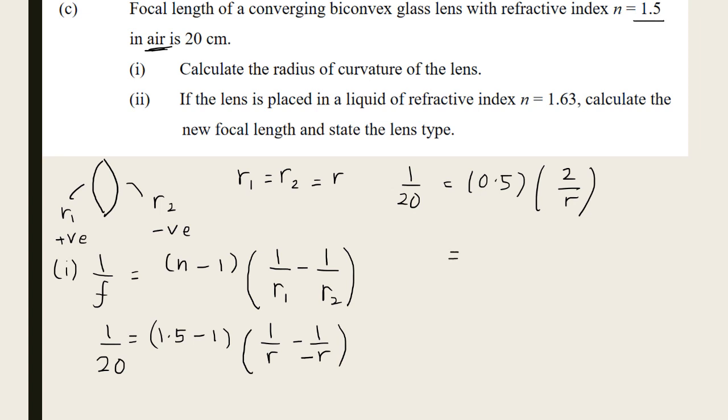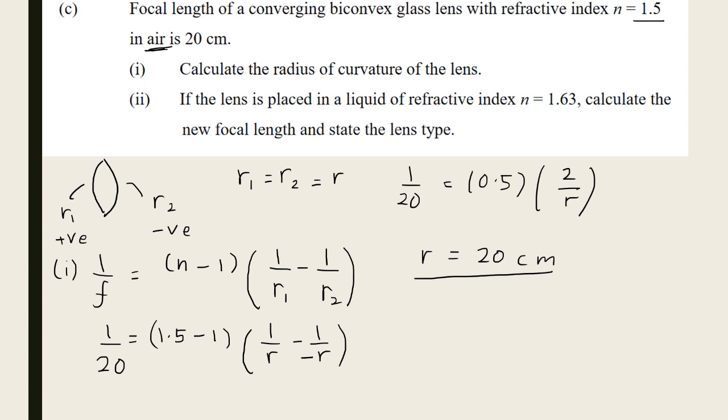And using your mathematical expertise, you're going to find out that R will eventually be 20 cm. Okay, so that's the value of radius of curvature of the lens.